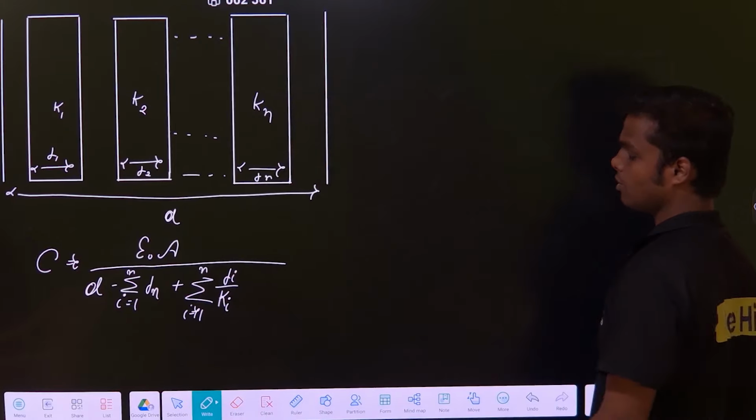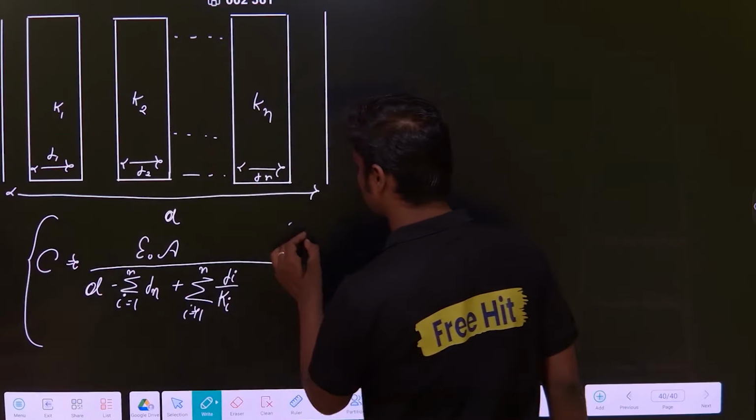That is the simple formula for the capacitance for this geometry.